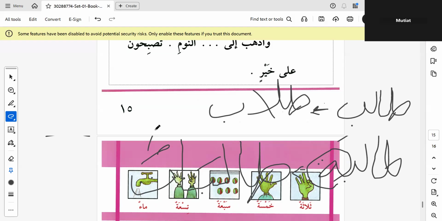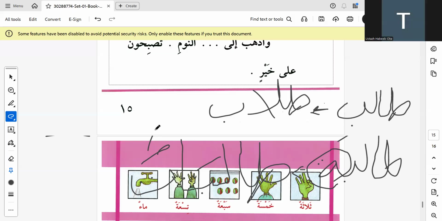So muslimatun, what is the plural of muslimatun? مسلمات. Yeah, it has to end that way. So what is the plural of muti'atun?